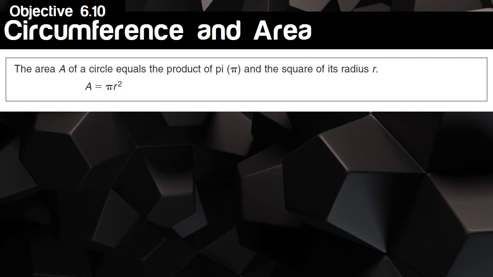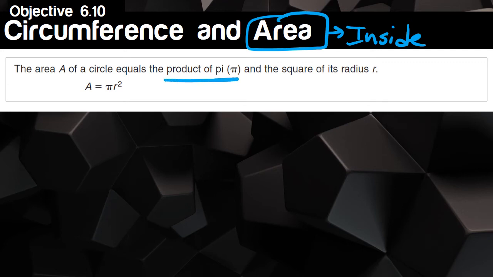Now that we've talked about circumference, let's talk about how we find the area, which is the inside of our circle. If you want to make a note, the area is the inside and the circumference is the outside. The area of a circle is equal to the product of pi and the radius squared.